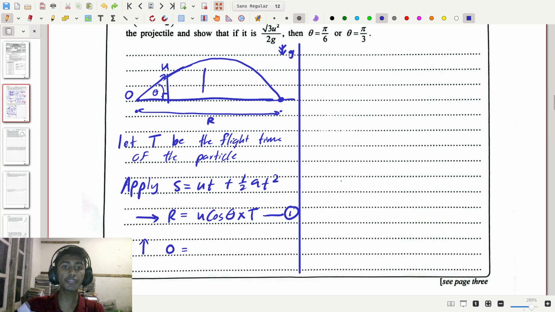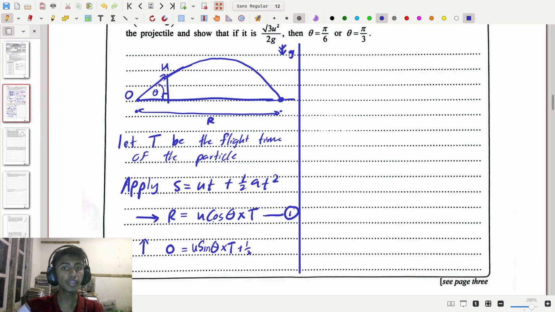If we consider the vertical upward direction to be positive, and consider ut and half at squared, the u here is going to be the vertical component of our initial velocity, which according to this triangle is going to be equal to u sine theta. So this value u in this equation is going to be u sine theta, which will then be multiplied by capital T plus half at squared.